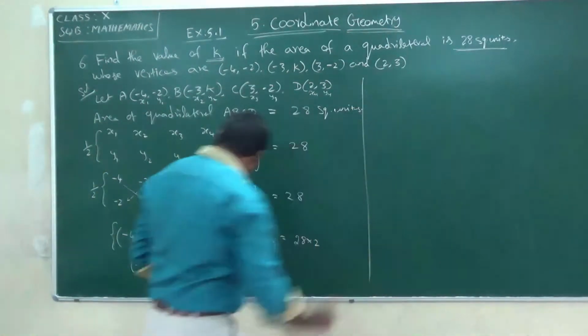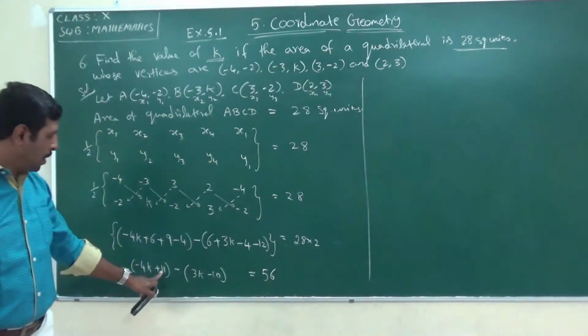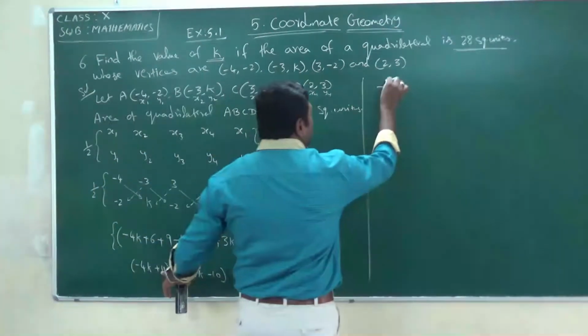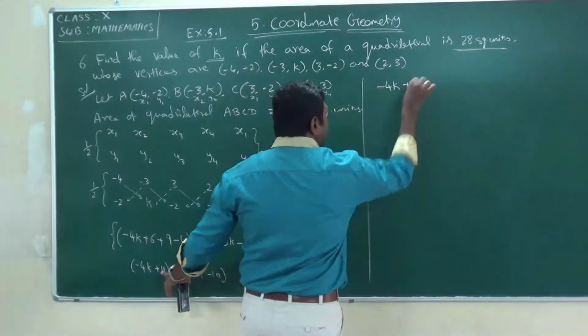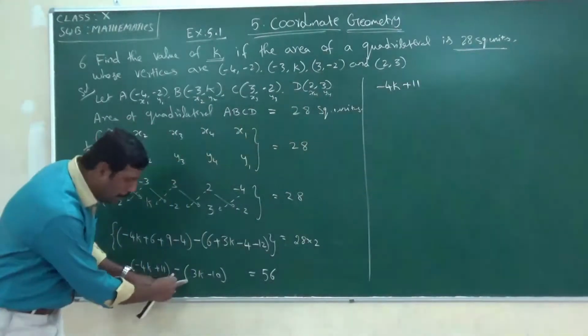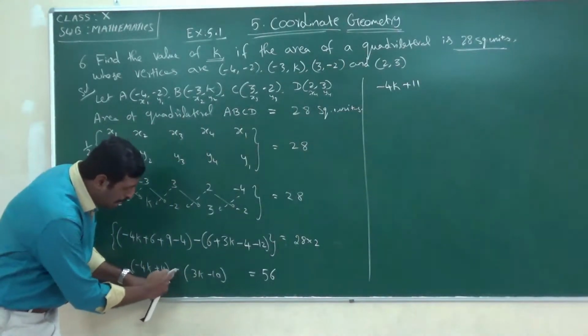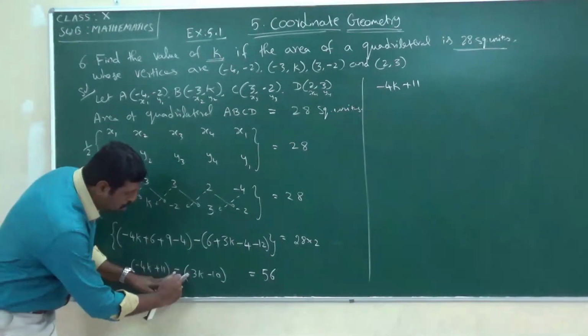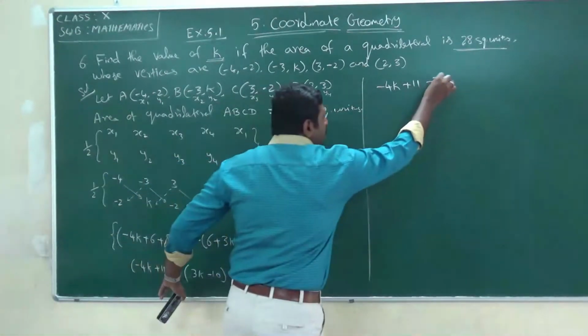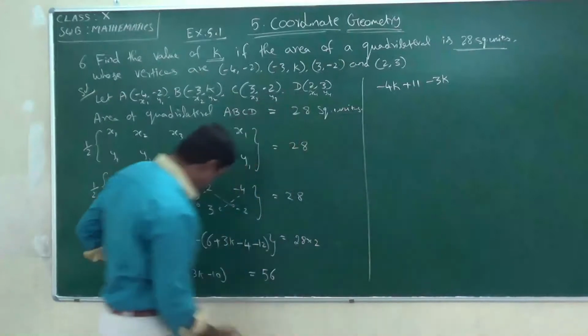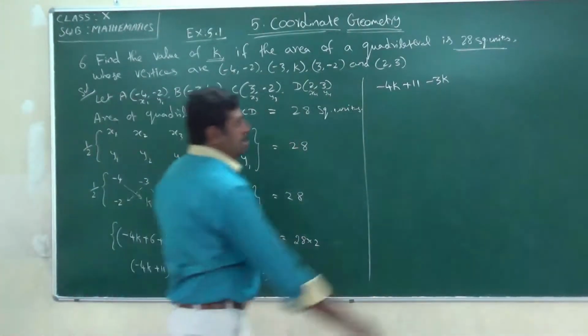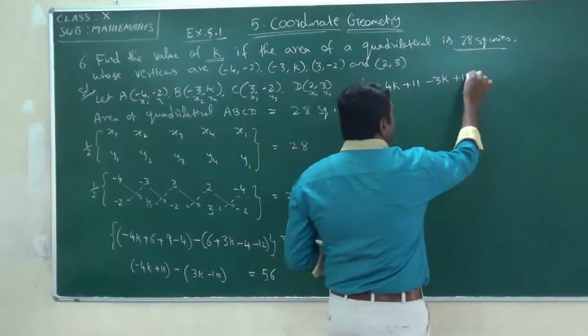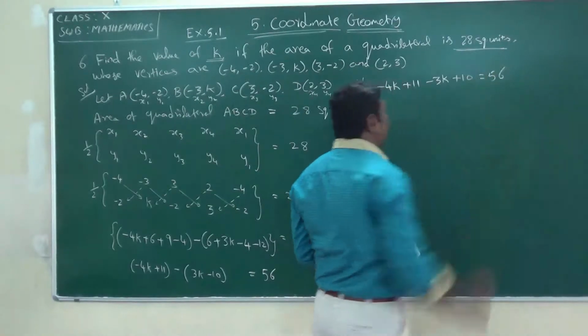Now we take this minus 4k plus 11. Now here I remove the bracket. When you remove the bracket, you have to multiply the symbol. Minus into plus, minus 3k, minus into minus, plus 10 is equal to 56.